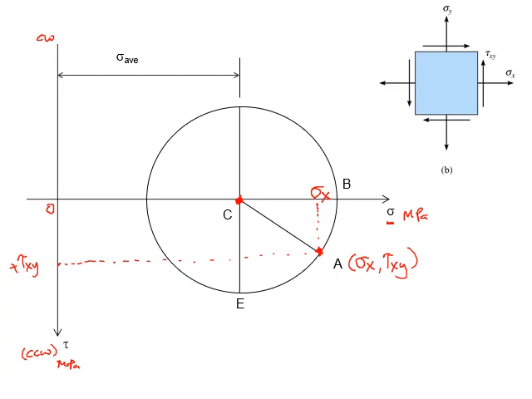Then you join these 2 points, AC, with this horizontal line, and that becomes the radius R of the circle. And then you use your drawing tool, C as the center, R the radius, draw the circle, and that is your Mohr circle for the given problem.